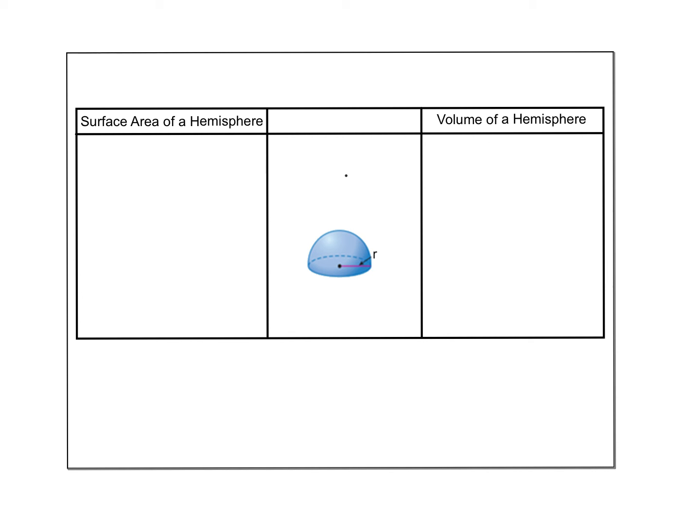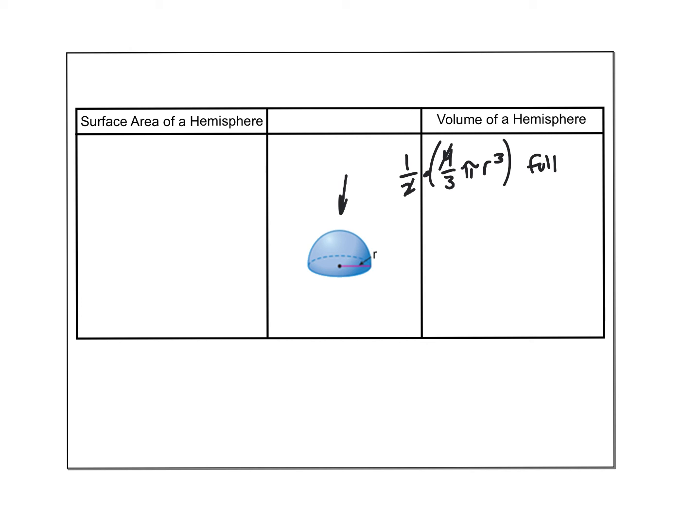Okay. But this one's a lot of setup and then calculator mashing. For a hemisphere, which is just half of a sphere, volume actually makes a little bit more sense to me. This would be the volume of a full sphere, and for a hemisphere you're just taking half of that.